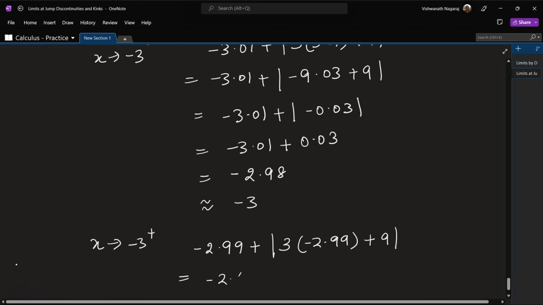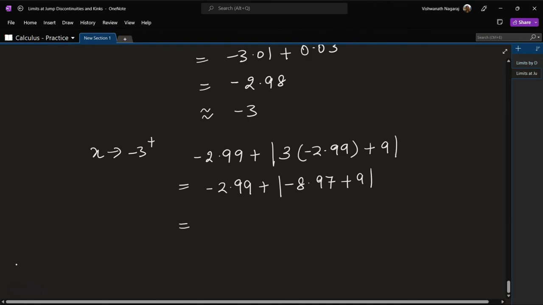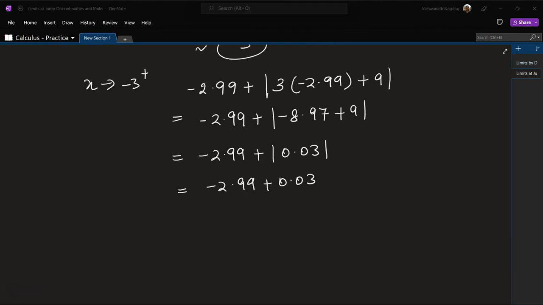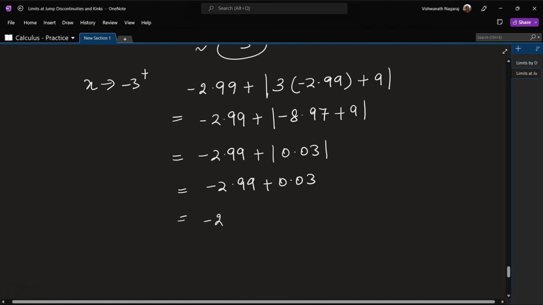This would give us minus 2.99 plus absolute value of minus 8.97 plus 9, which is equal to minus 2.99 plus 0.03, which is equal to minus 2.96.